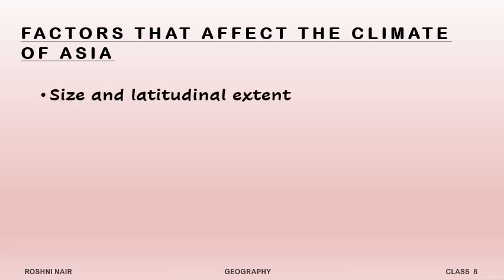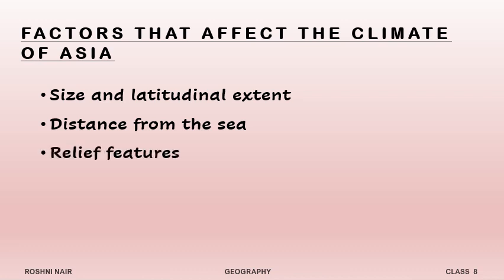First one is size and latitudinal extent. We all know the size and latitudinal extent is maximum. Then distance from the sea. Then relief feature. Fourth one is wind. Fifth is ocean currents.